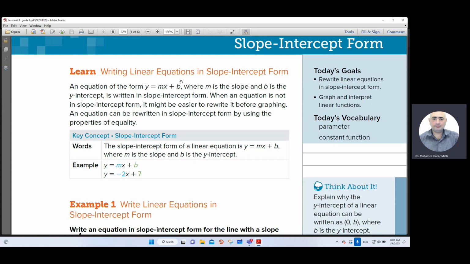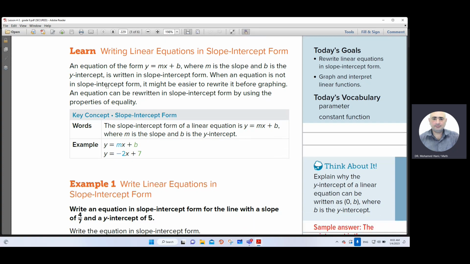Yesterday, we learned writing linear equations in slope-intercept form. And we learned the form of the equation, y equals mx plus b. What's the meaning of m? The slope. And what is the meaning of b? Y-intercept. What is the meaning of y-intercept?